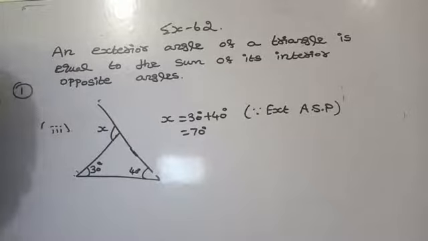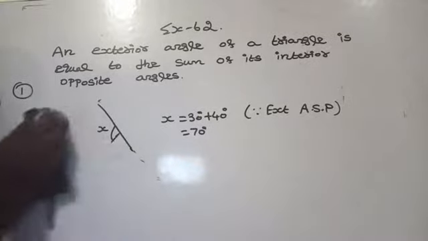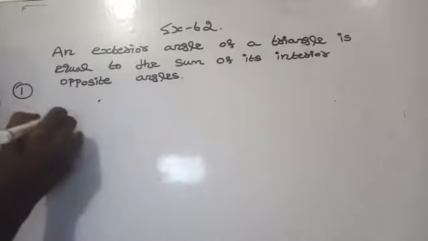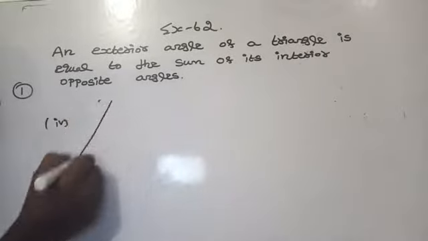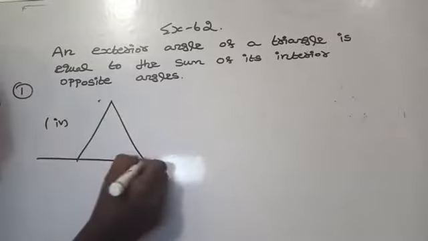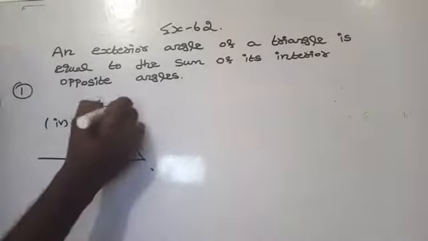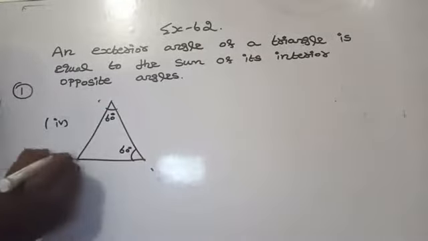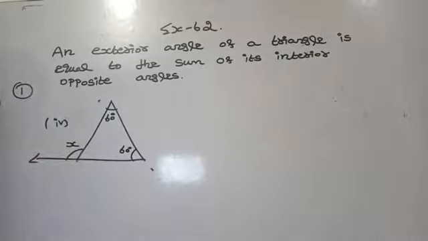Diagram is given. 60 degree, 60 degree. Fourth part, it is an equilateral triangle. 60 degree, 60 degree. It is x.